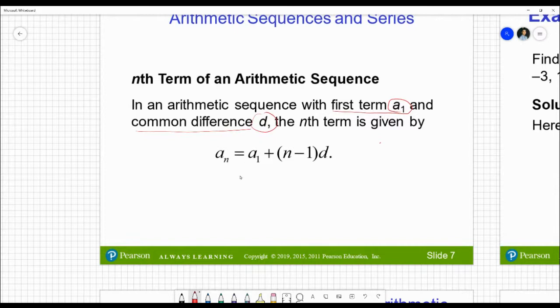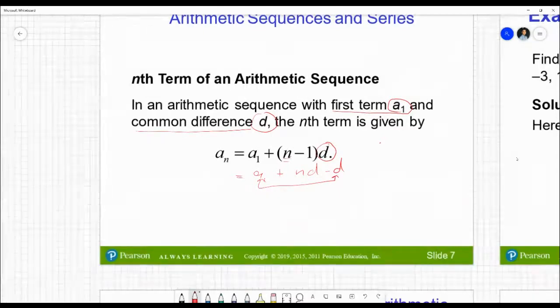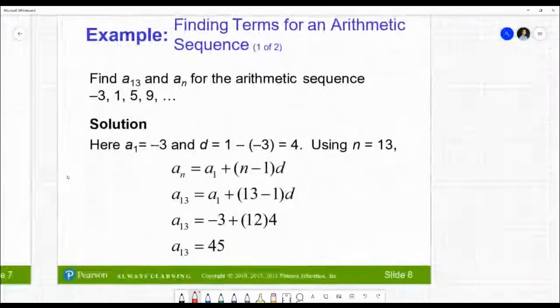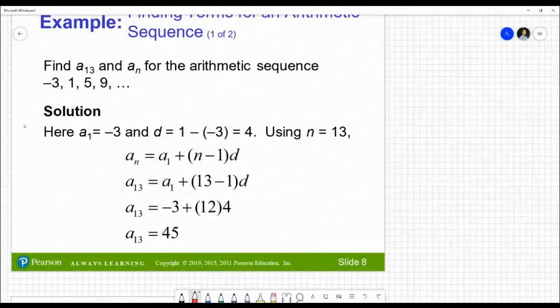If I were to rewrite this, remember that D here is just a number, and N here is our variable. I can actually combine these two together. Now you're going to see later on, when we actually put numbers in, this is going to look something like the functions. So I'm going to compare that and let you see it here.